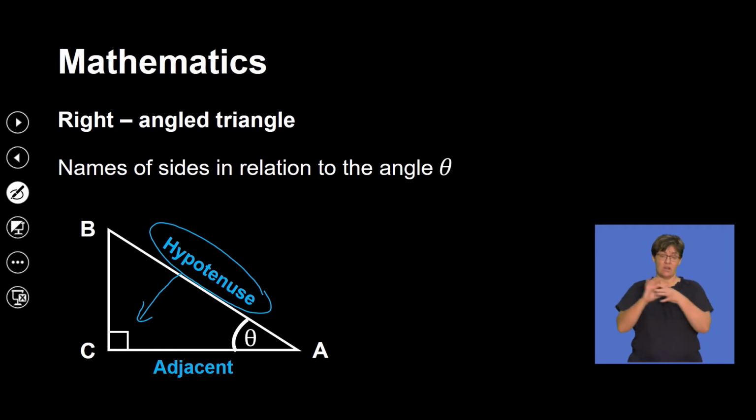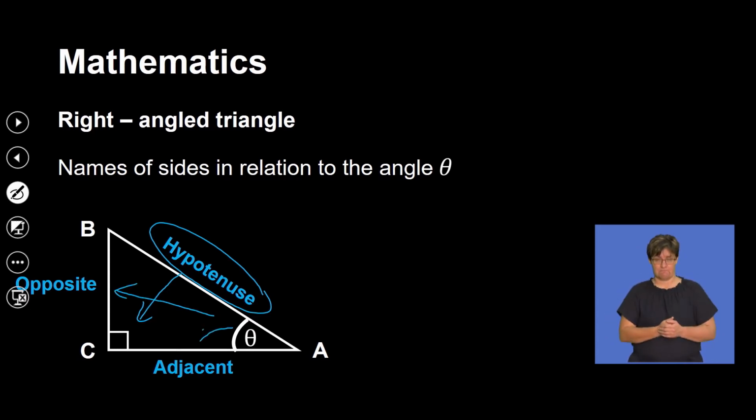And in relation to theta again, the side directly across from it will be considered the opposite side. So those are the names of our sides in relation to the given angle. Remember, you don't just call out sides based on it being a side. There must be an angle that you are given, that you are using as your frame of reference.